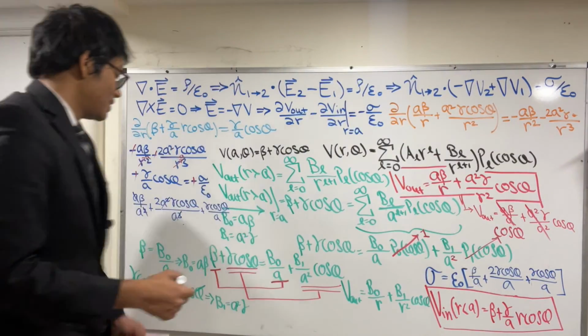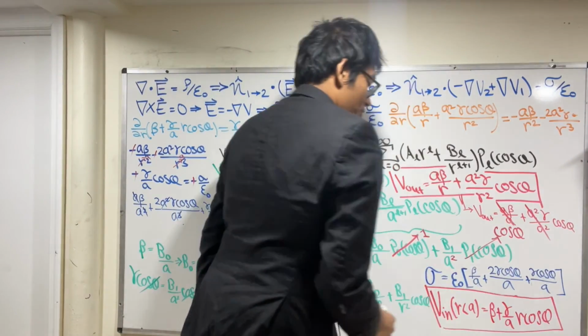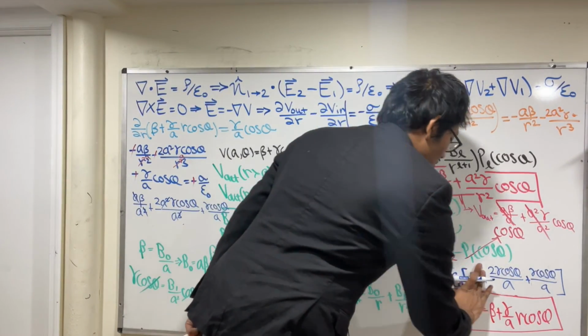And now notice, these two are like terms, so we can just add them up. So this is going to be 3 gamma cosine theta plus beta all over a.